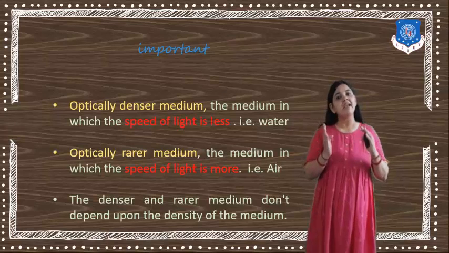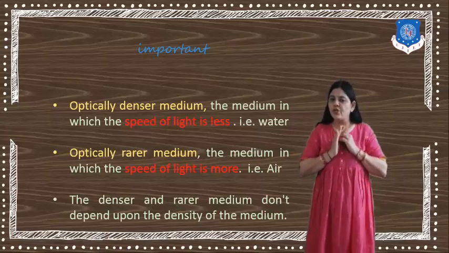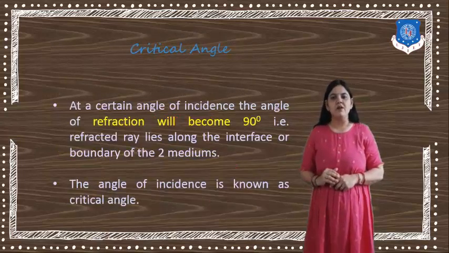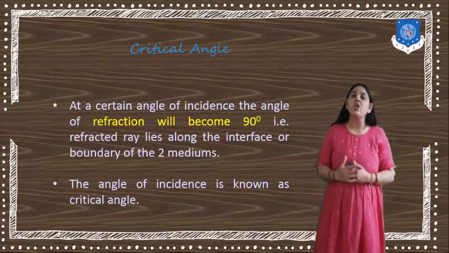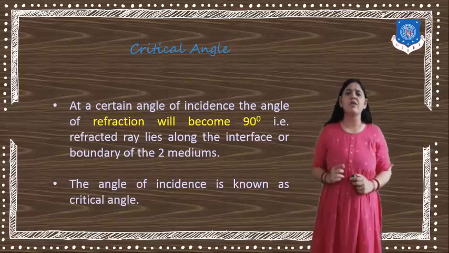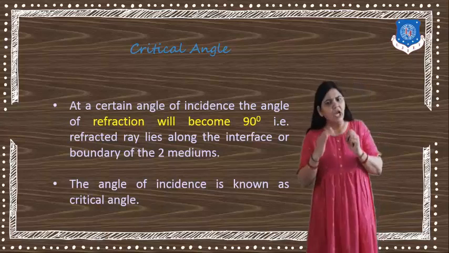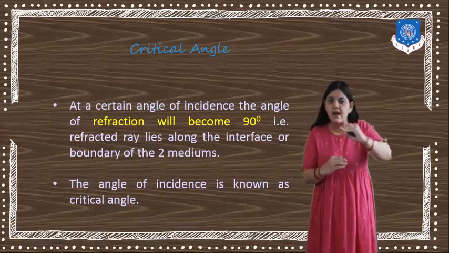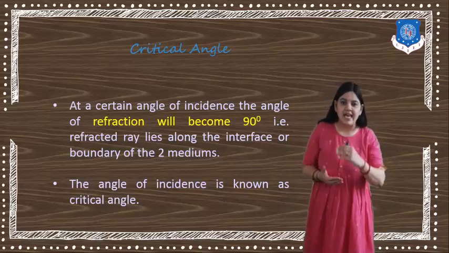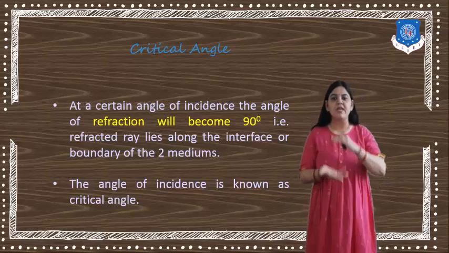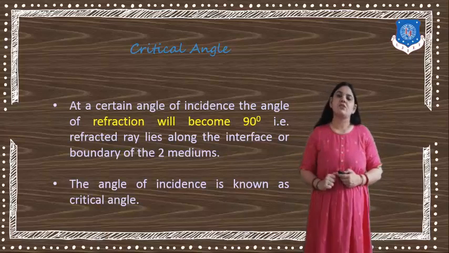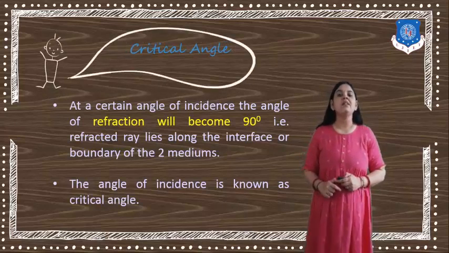So denser and rarer do not depend upon the density of the medium. At a certain angle of incidence, the angle of refraction becomes 90 degrees, and the refracted light lies along the interface or boundary of the two media. This is known as the critical angle.